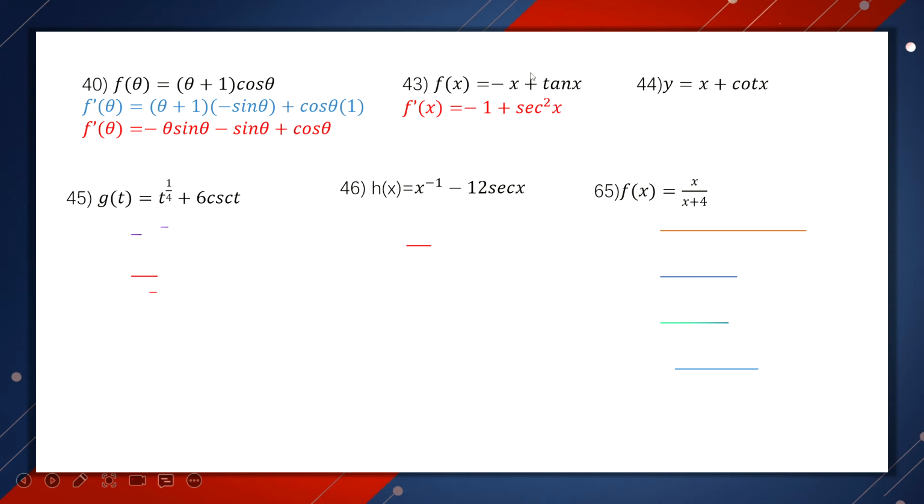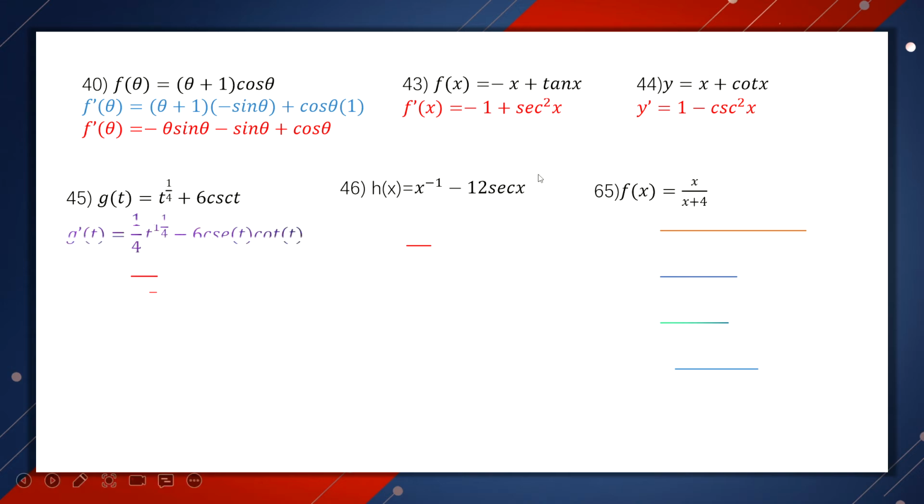This is basically separating each and taking the derivative of each. So in the next question, y equal to x plus cotangent x. This is similar to the last one, so it's just separate x and cotangent x and then take the derivative of each.